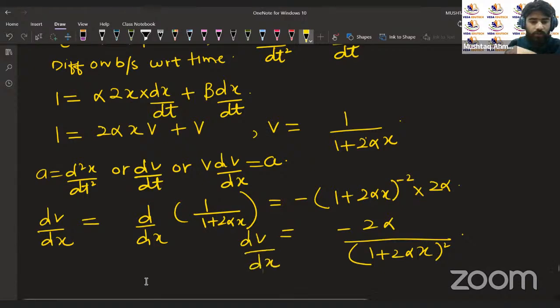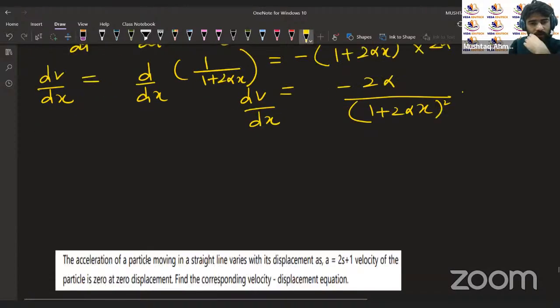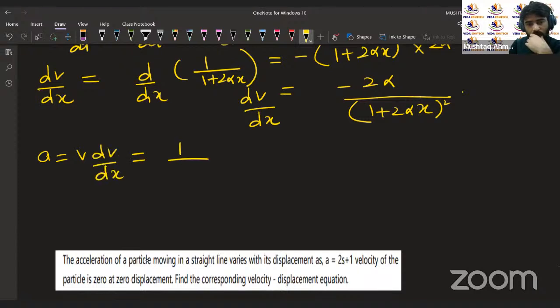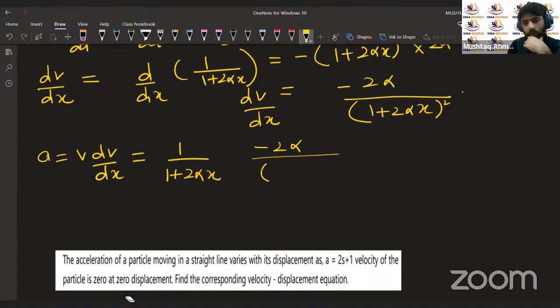Now we will be substituting the value of this dv over dx in the equation. The acceleration is v dv over dx, and our v is 1 over 1 plus 2 alpha x, multiplied by minus 2 alpha upon (1 plus 2 alpha x) whole square, right?